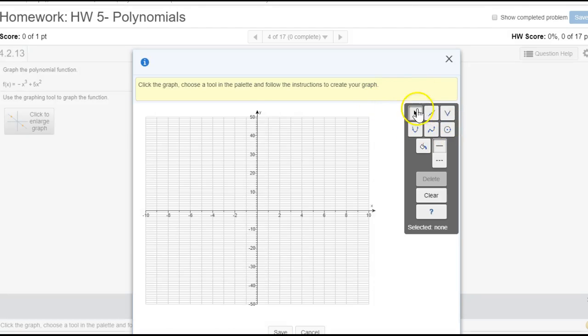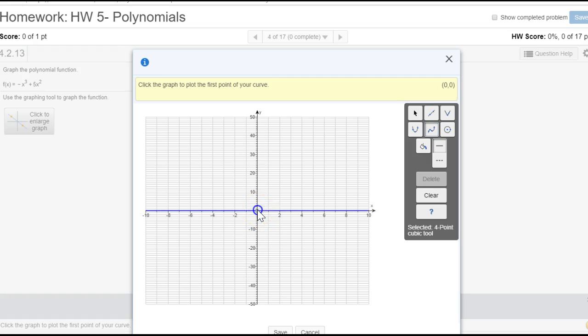Okay, so click on the type of graph you want, which is this one, polynomial. It's the cubic tool, you'll see. That should come up anytime you're dealing with a cubic, and they want 4 points. All you need is 4 points and it should graph the graph that you want.